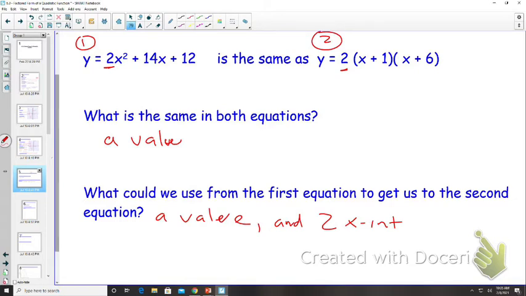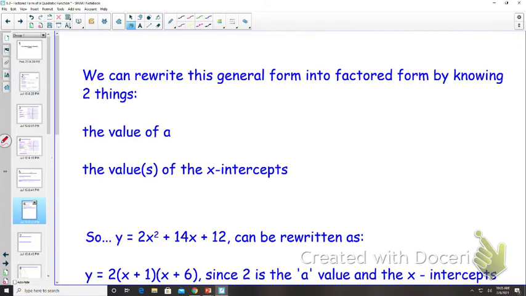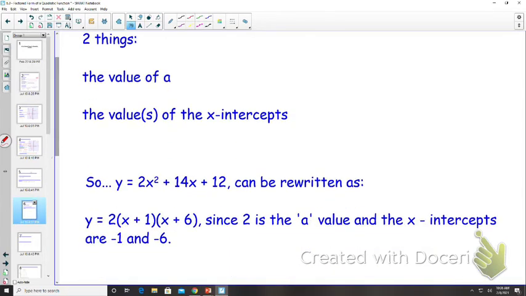Okay? So we can rewrite this general form into factored form by knowing the value of a and the values of the x-intercepts. Okay, so make sure you guys write these 2 points down in your notes right here. 1 and 2. Value of a and the value of the x-intercepts. Okay?